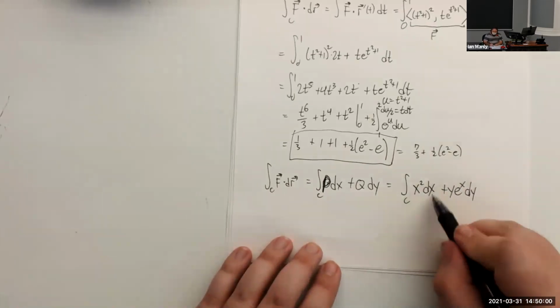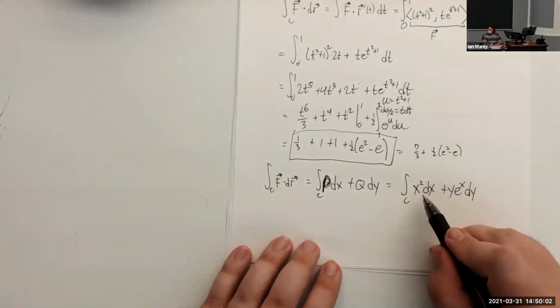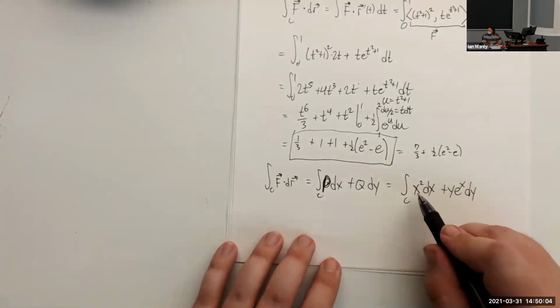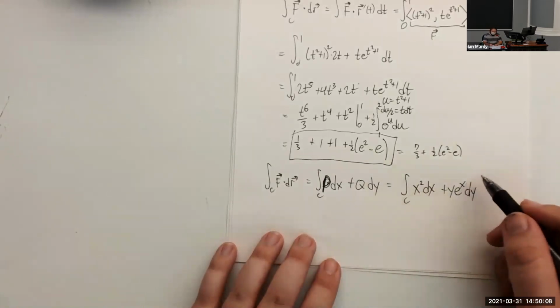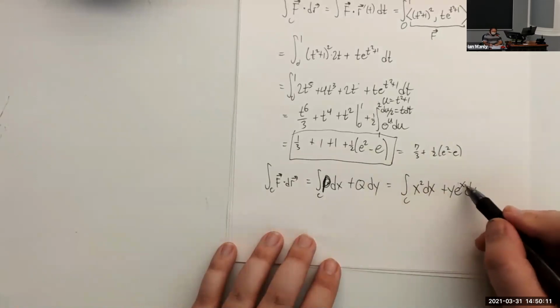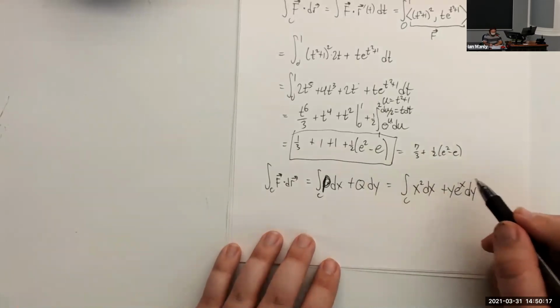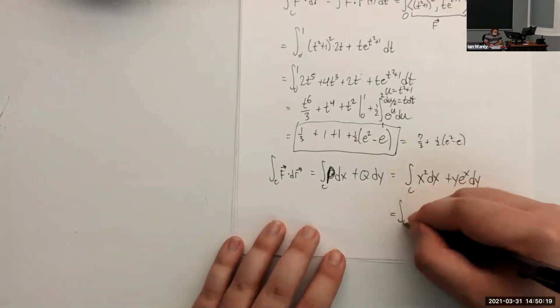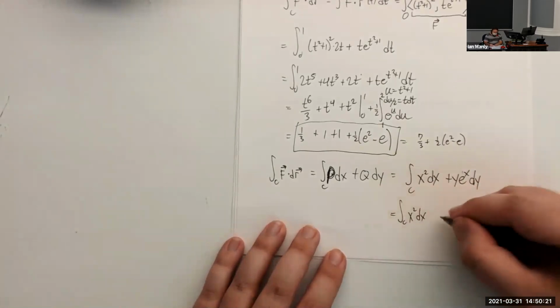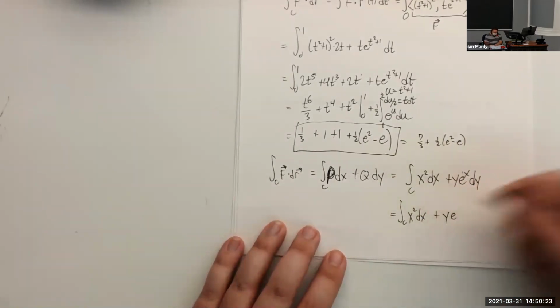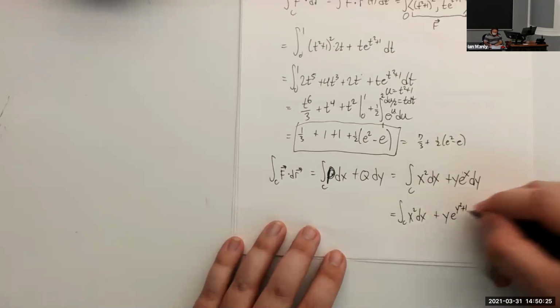Okay, now this integral is actually all ready to go because we have all of the variables being the same thing right here. But this one's a little problematic because we don't have a y up here. But the good news is that we actually have a nice relationship between x and y. X is equal to y squared plus 1. So this is the same thing as doing this integral. Or y squared plus 1. I don't know if I said that or not.